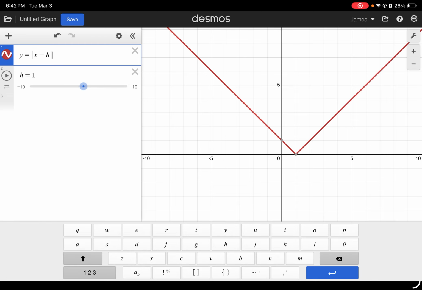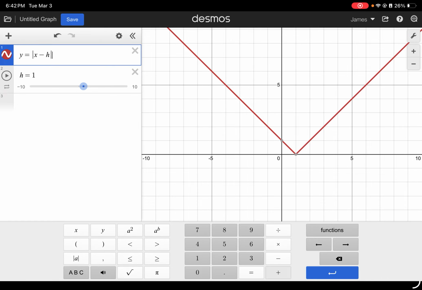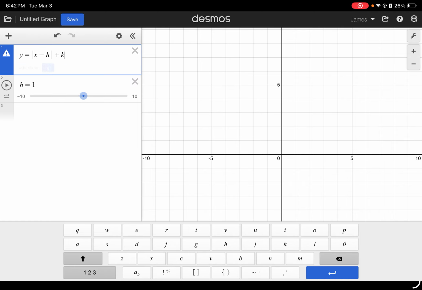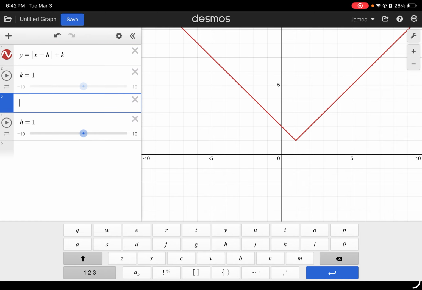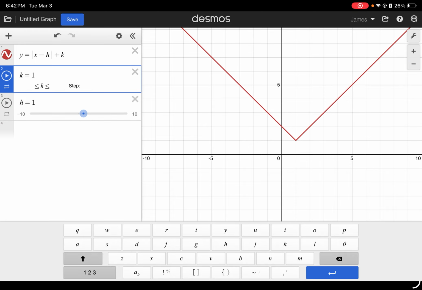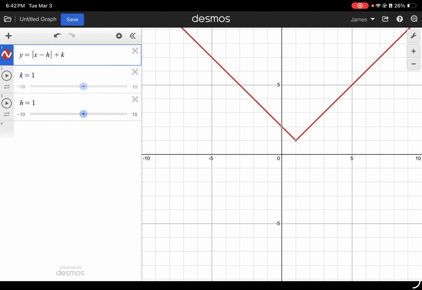And then we're going to add plus k. Okay, so we have these. Sorry, I was supposed to add a slider. So there we go.